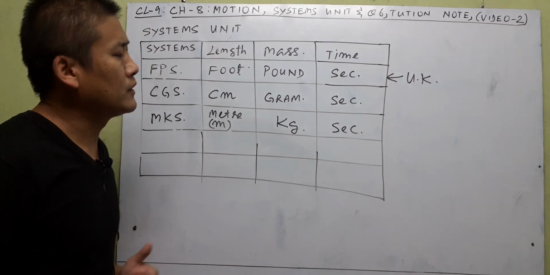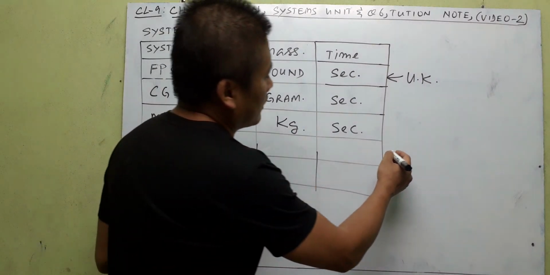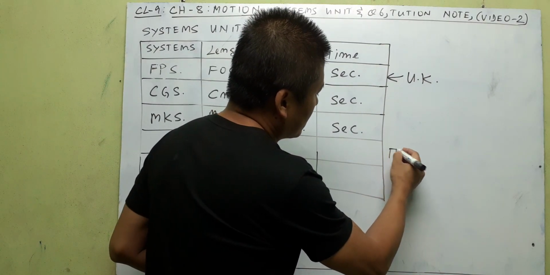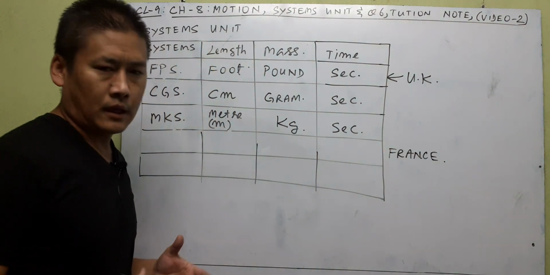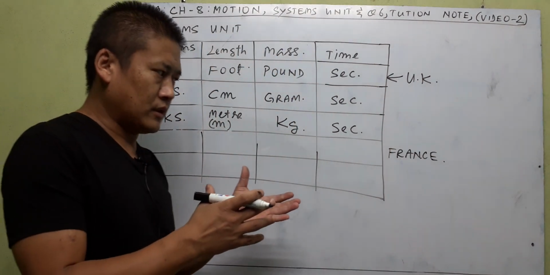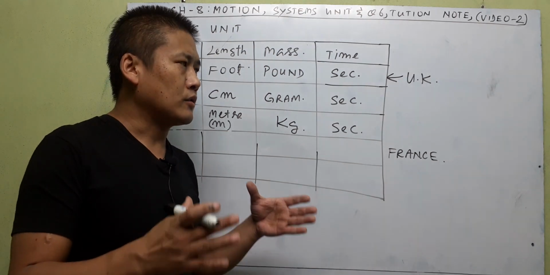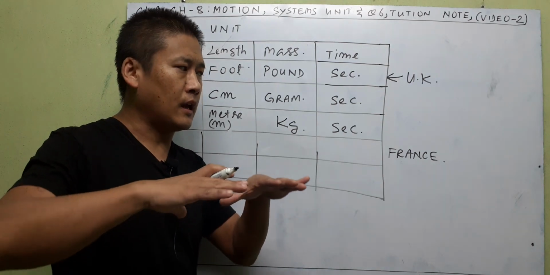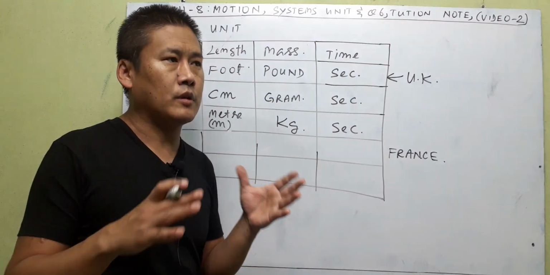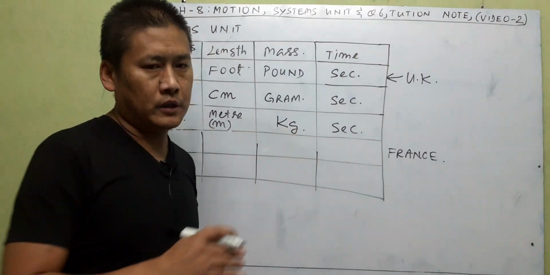So in order to solve this problem, scientists met in France and decided like this: this is causing confusion to all of us, so let us make an internationally accepted system for the whole world so that all of us can follow it to avoid this confusion.